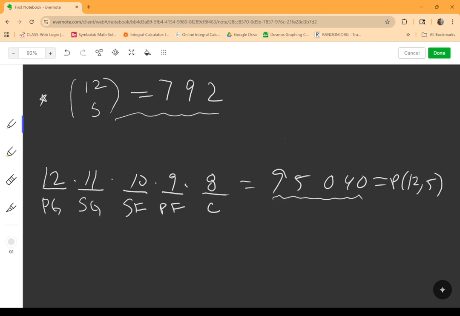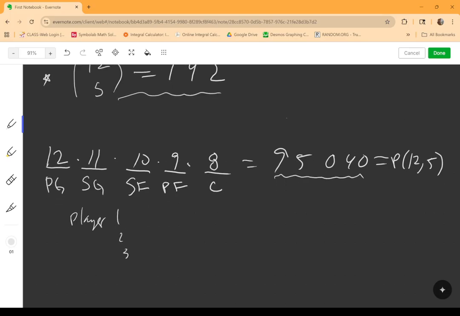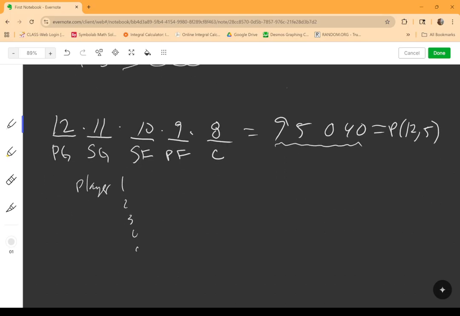What I mean by that is, let's just call them generically player 1, 2, 3, 4, 5, all the way up to 12. Let's say, just for simplicity, that I take the first 5 here, and that's one lineup.